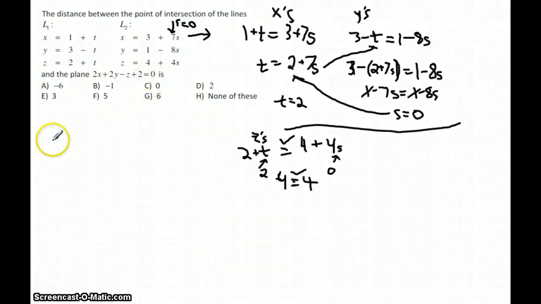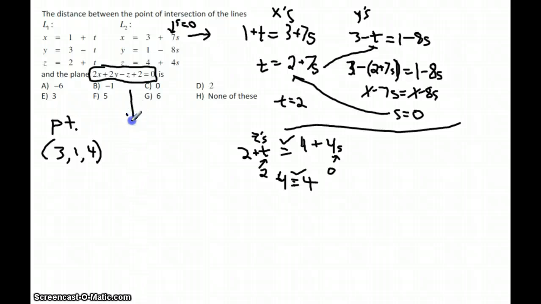So we have the point of intersection (3, 1, 4), and we have the plane given by the equation 2x plus 2y minus z plus 2 equals 0. So that's our plane.